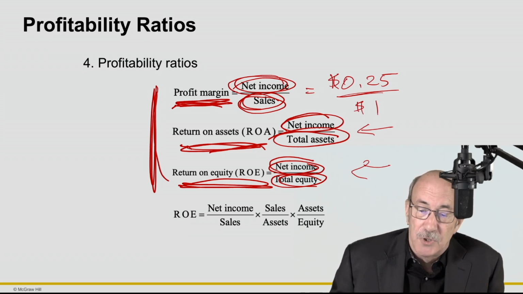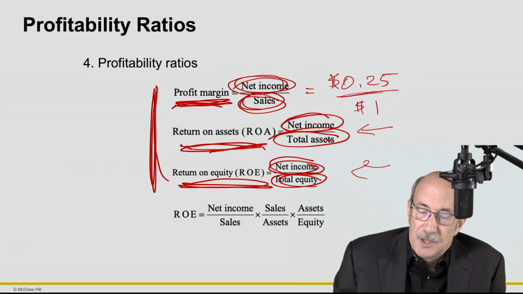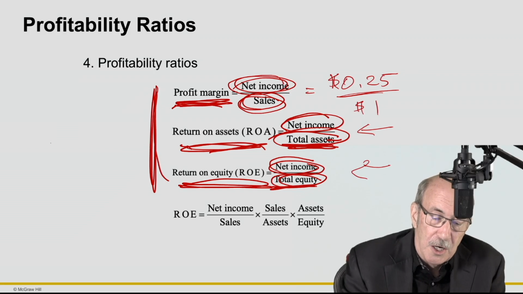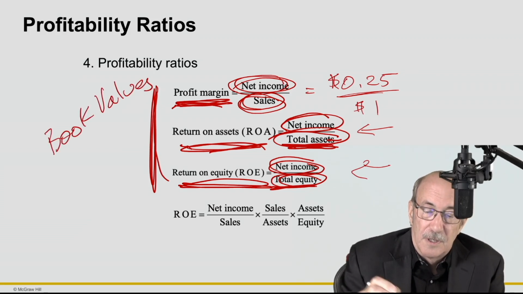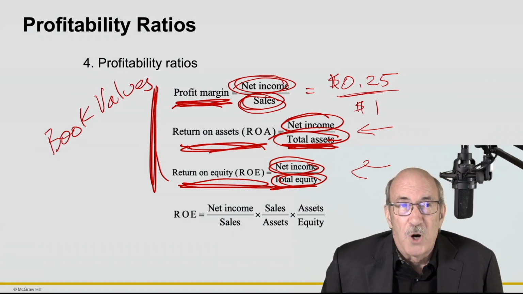Another thing to note here, and this is also very important, is that these figures off the balance sheet, total assets and total equity, those are book values. In other words, that's what the total assets were back when we bought them and recorded them on the balance sheet.